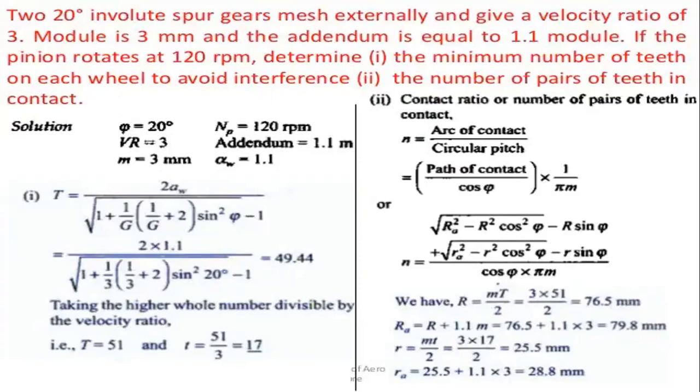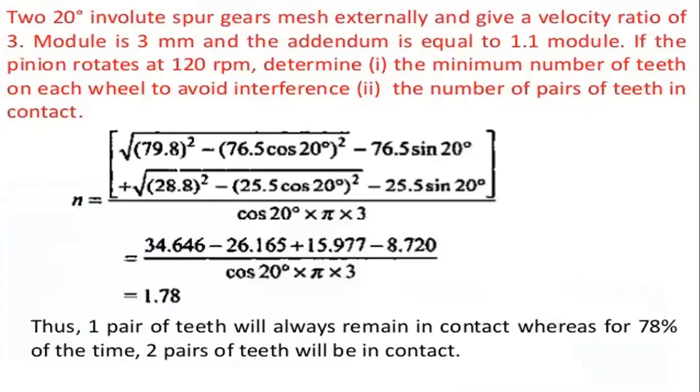So by substituting in this formula, we need to find this value. By substituting all these values, we got it as 1.78.